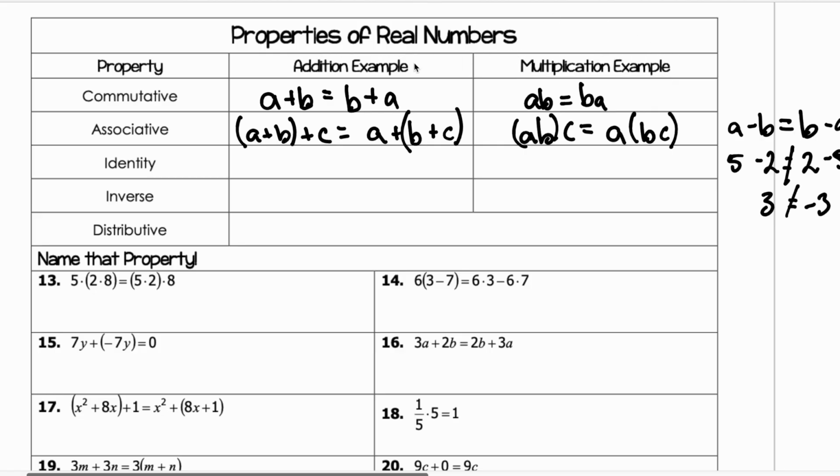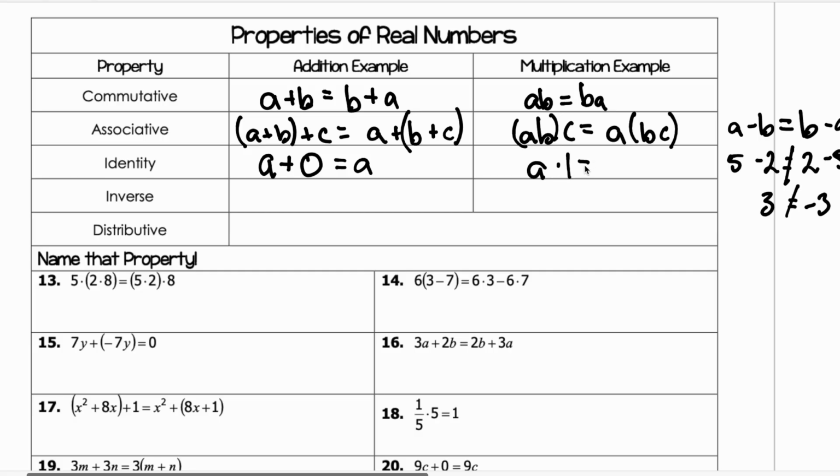All right, let's do the same thing for identity. Identity is, for addition, if I have A plus 0, it's going to equal A. No matter what the number A is, anything plus 0 is always itself. The same thing goes for multiplication, except not multiplying by 0, but by 1.